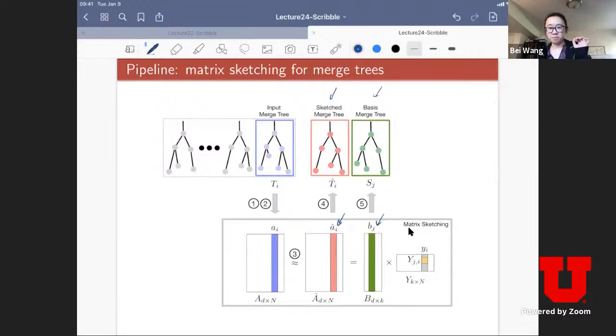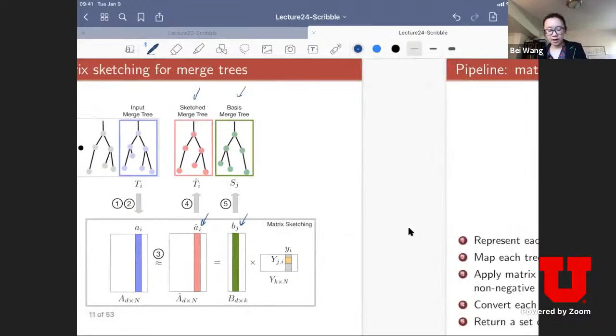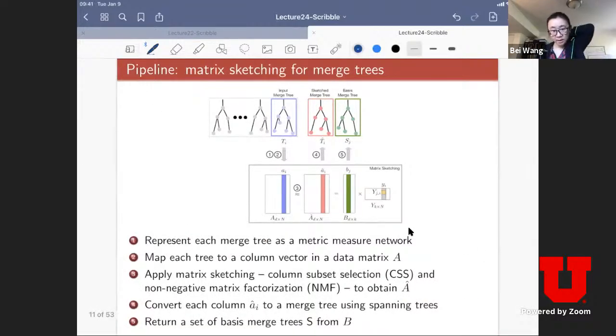Any questions so far? All right, let's go into the detail again. Step 1 is in the actual technical detail. I want to take advantage of matrix sketching to approximate complex topological structures. The first step is to ask how I convert each merge tree into a high dimensional vector.